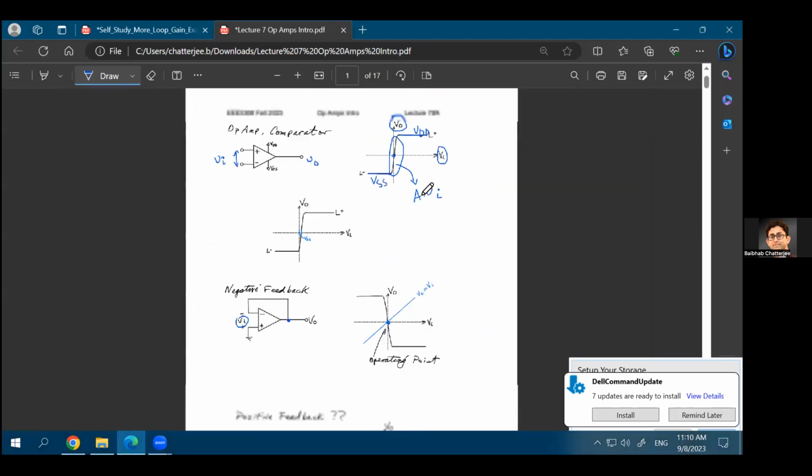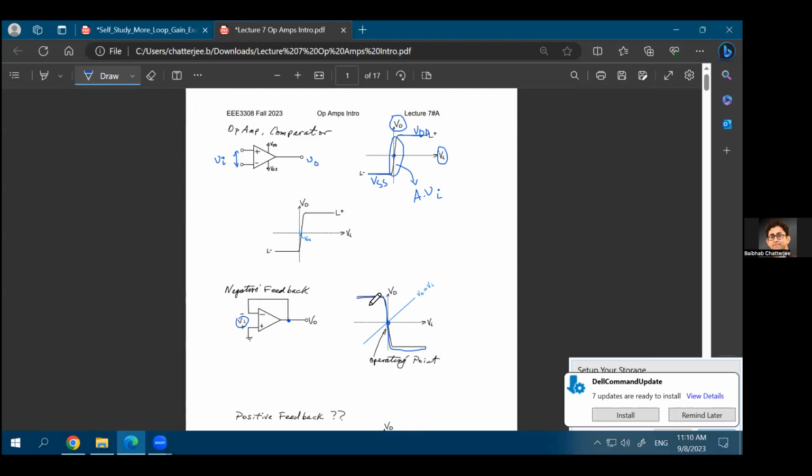And the first question is, why does the direction of the output change here? In the previous case, as you applied a positive VI, your output was a high positive value, and as you applied a negative VI, the output was a high negative value. In this case, why is it different?